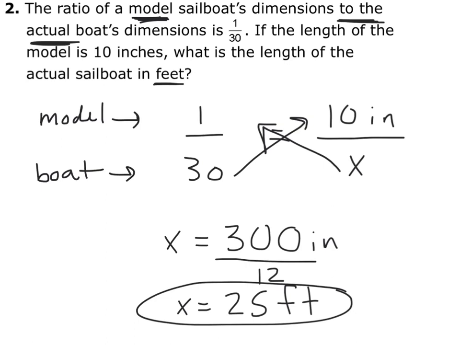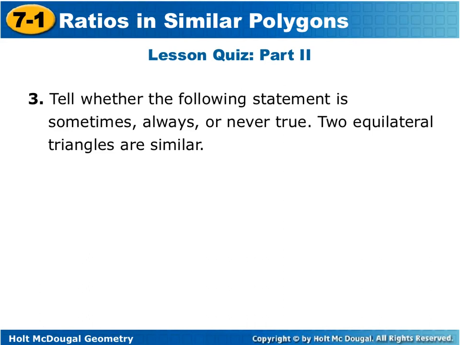Any questions on this? All right, one last example. Tell whether the following statement is sometimes, always, or never true. Two equilateral triangles are similar. What are the two things we need for triangles to be similar?